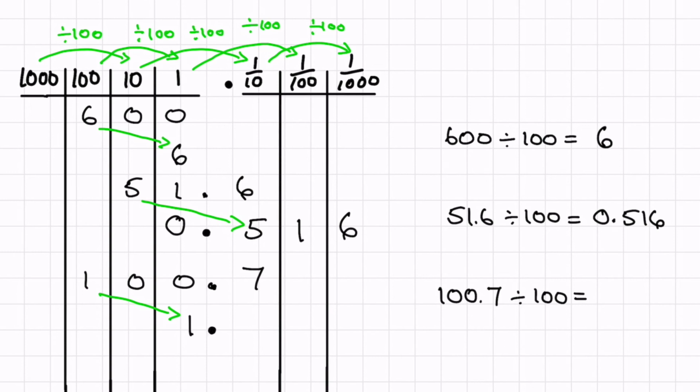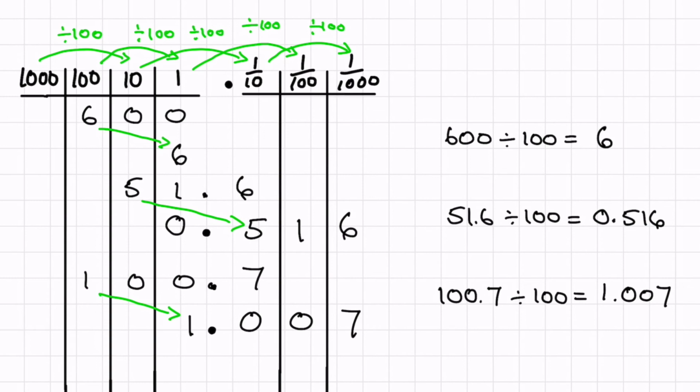So let's put a decimal point in. And then we have 0, 0, 7. So we have 1.007 is our answer. When you are dividing by 10, 100, and also when we do 1,000, the key thing is once you've established where the first digit is, the other digits follow suit in the same order.